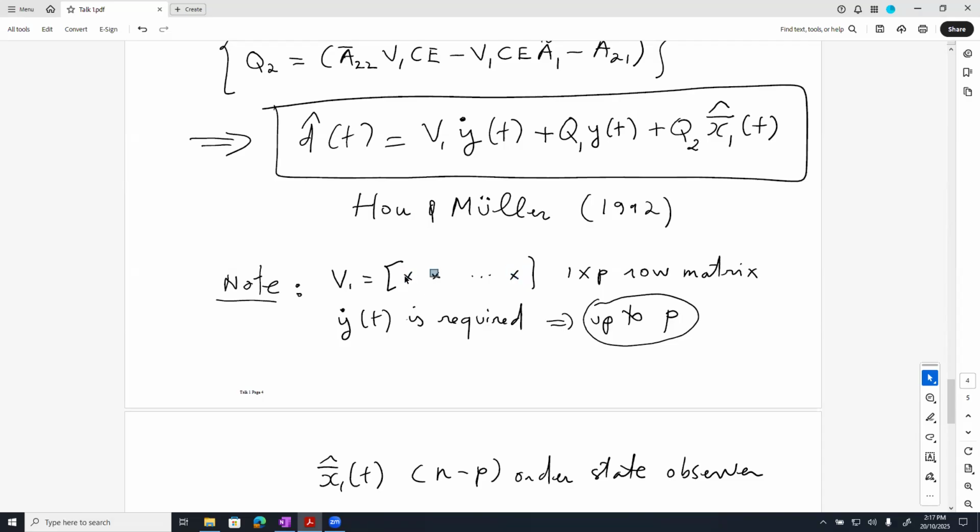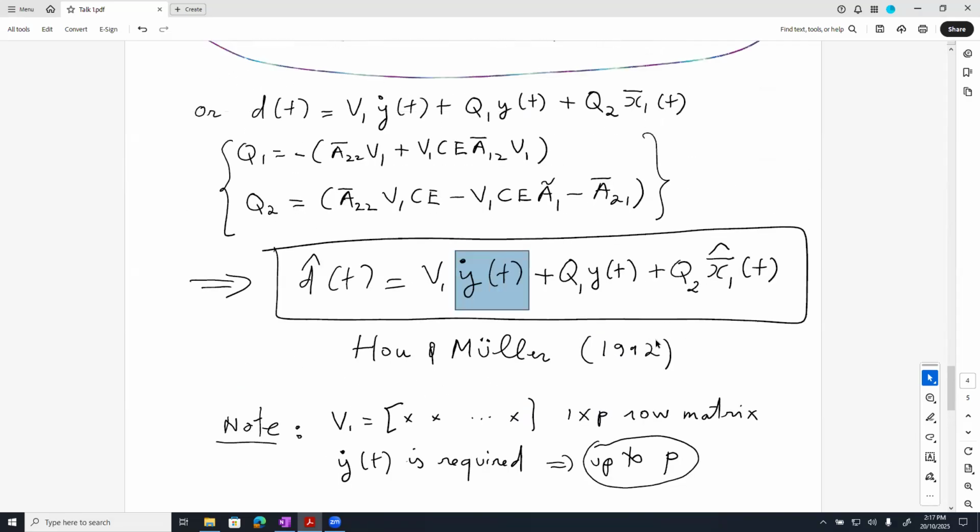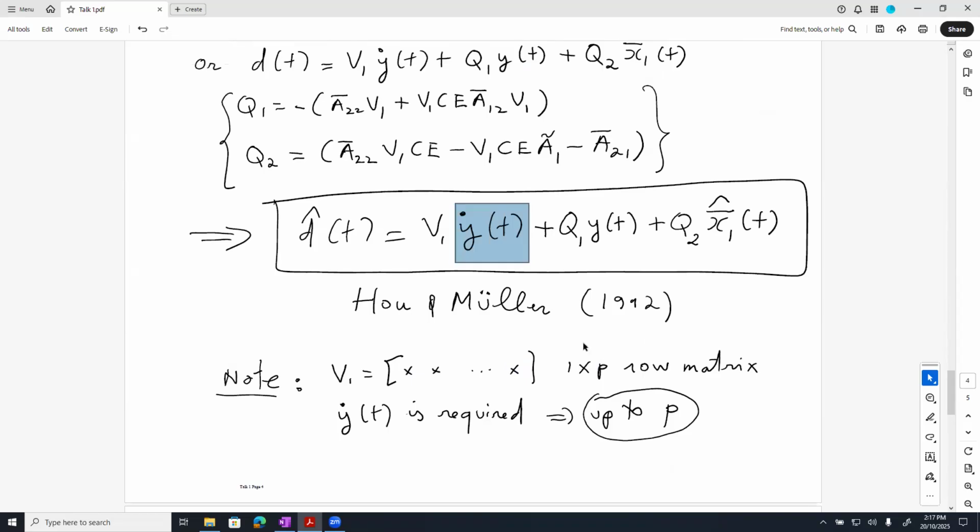And if there are P elements which are non-zero, when we multiply by the derivative of the output measurement, we might require up to P measurements. We might need to take the first derivative of P measurements. Okay. Now, in terms of practicality, the fewer first derivatives of the output measurements we use, the better. So that is something that we're going to discuss later on.